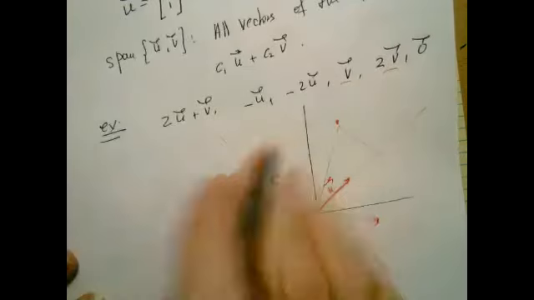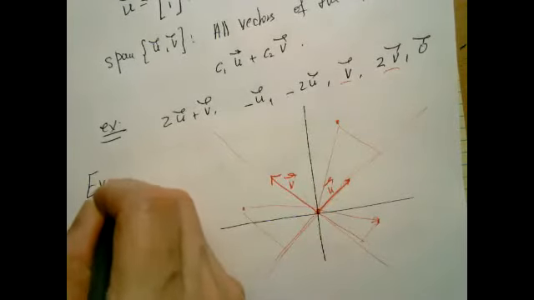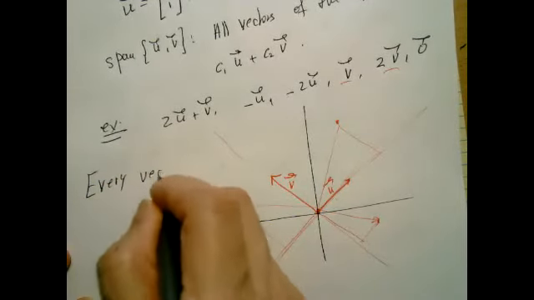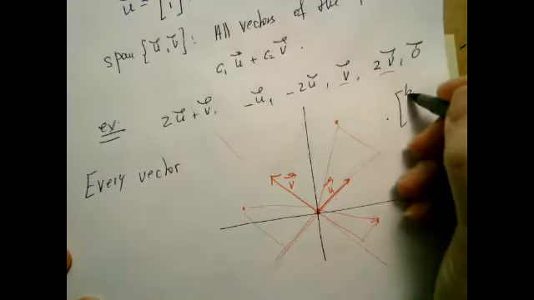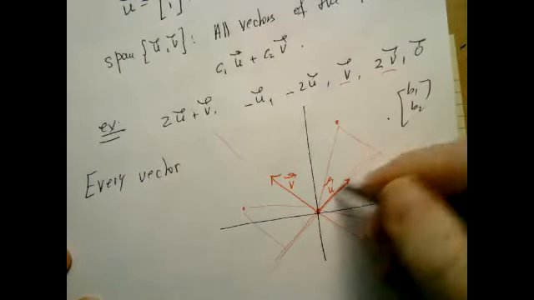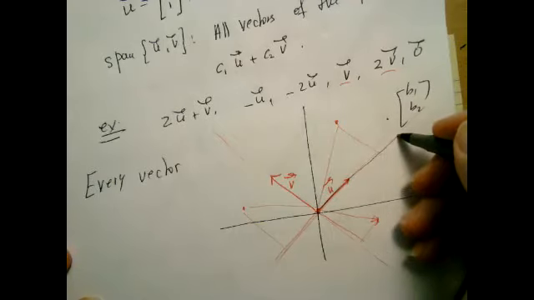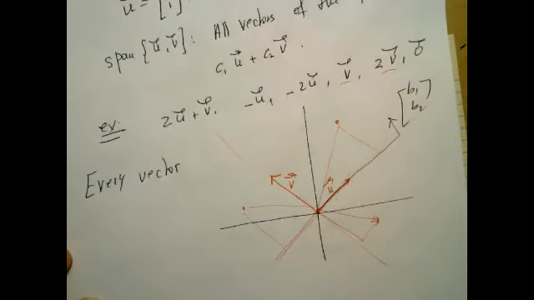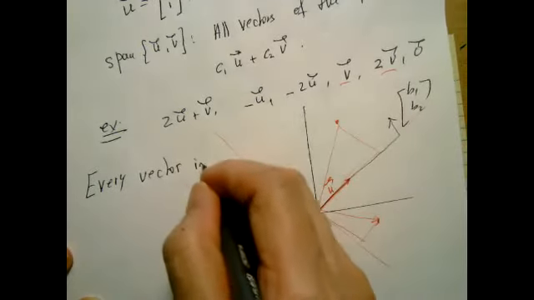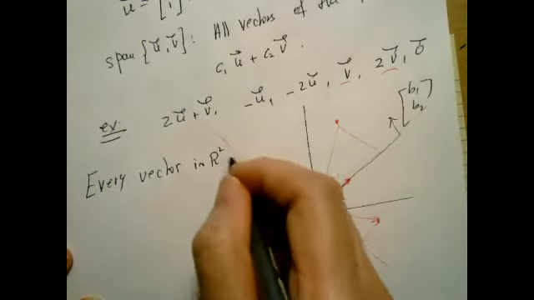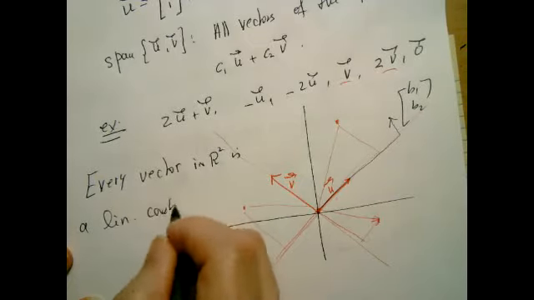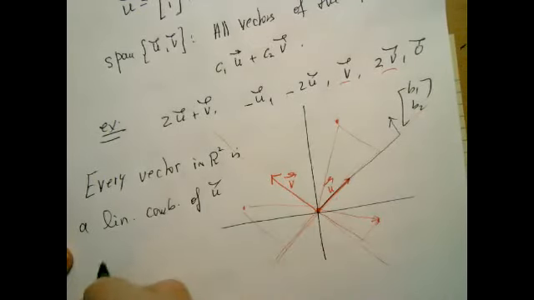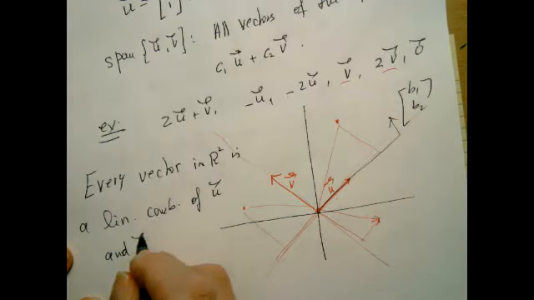How are we going to express this idea? So every vector in R2, and we did that using the worksheet, I convinced you that if you pick any vector (b1, b2), we can find scalars, even algebraically, so that the vector could be written as a combination of U and V. So every vector in R2 is a linear combination of U and V. Anyone?